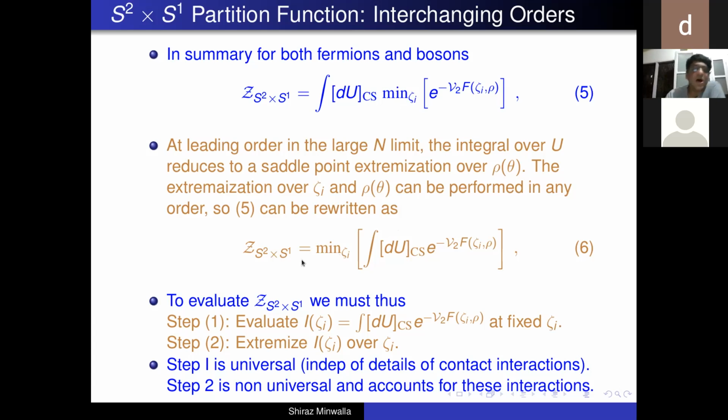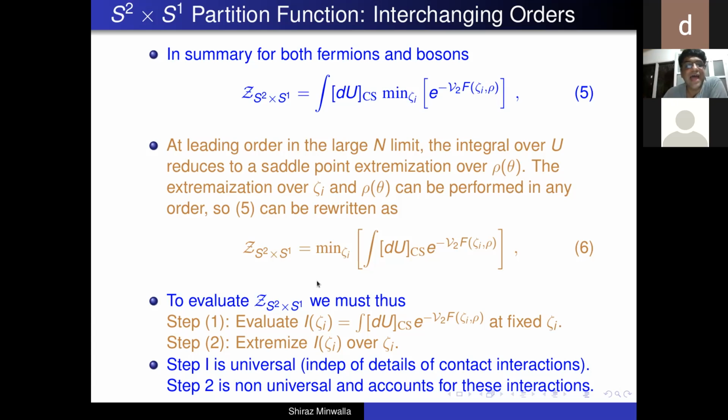Okay. And so the evaluation of this S2 times S1 partition function can be performed in two steps. In step 1, we evaluate the integral over the holonomy matrices of this off-shell free energy at fixed constant values of these auxiliary parameters zeta I. We do it only for constant values because we know beforehand that the extremization will only occur at constant values.